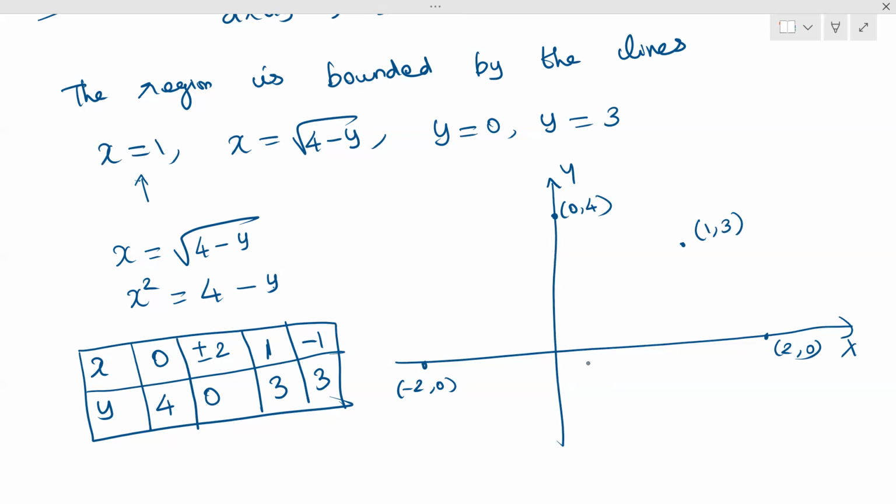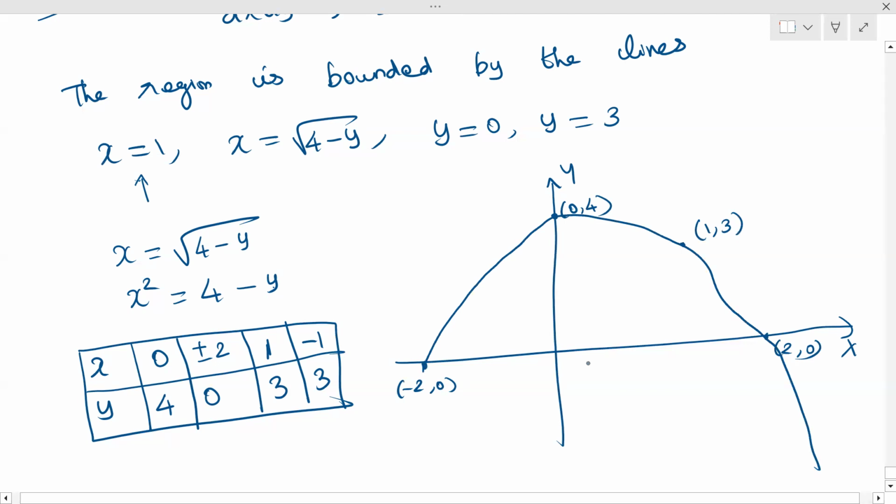So the curve is like this. So this is our curve. This is the curve for the equation. What equation? x square equal to 4 minus y.